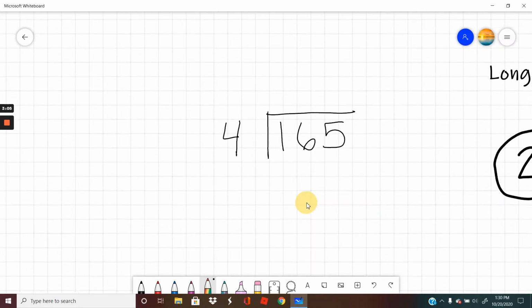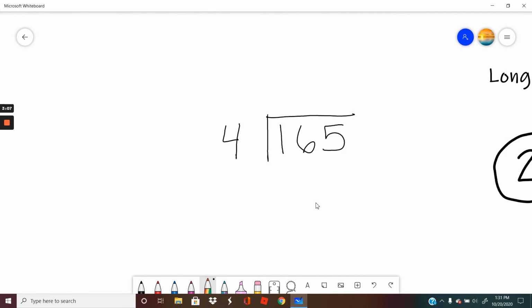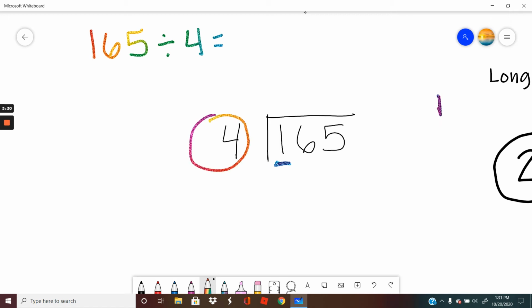Remember, this is how many boxes we have: 1, 2, 3, 4. And here's my one thing. I can only put 1 somewhere. Are they even? Does everybody have 1? Nope, they sure don't. So I'm going to erase that, and we're going to put a 0 here because we couldn't make any groups.